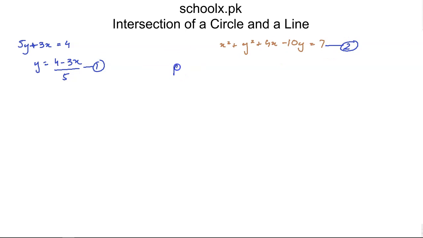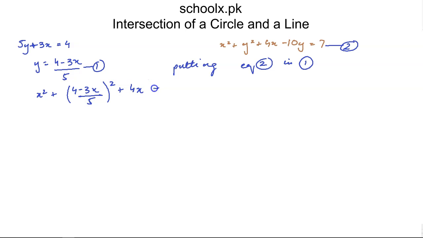Now putting equation 1 in 2, we'll get x squared plus (4 minus 3x over 5) whole squared plus 4x minus 10 into (4 minus 3x over 5) equals 7.